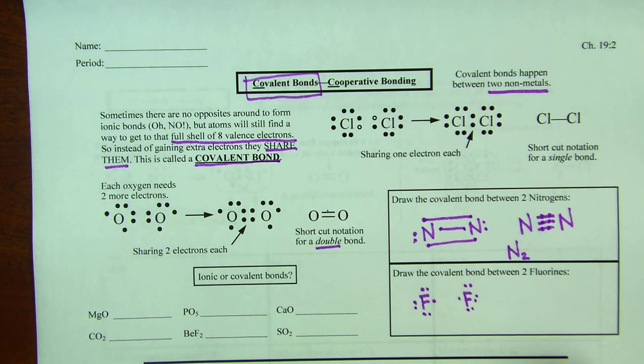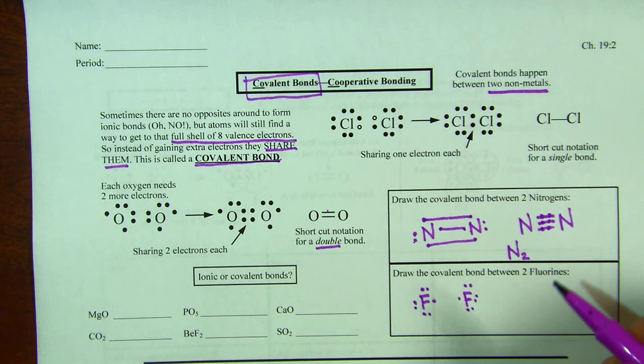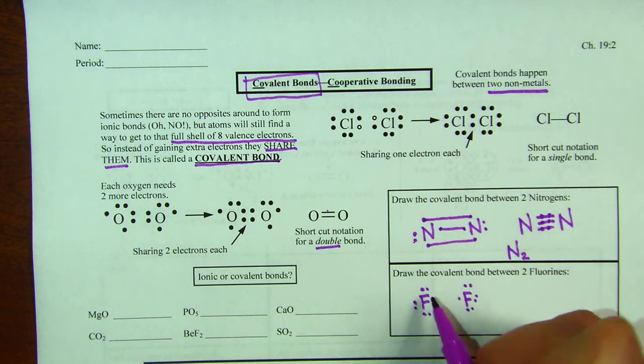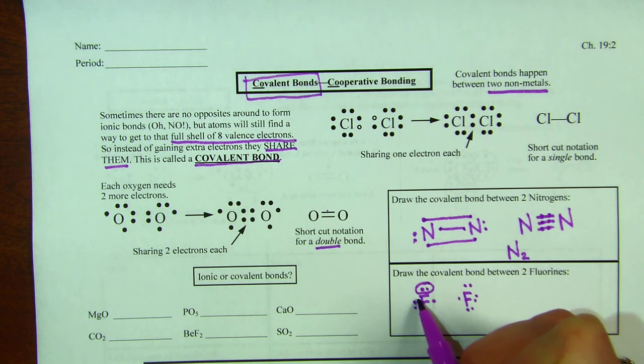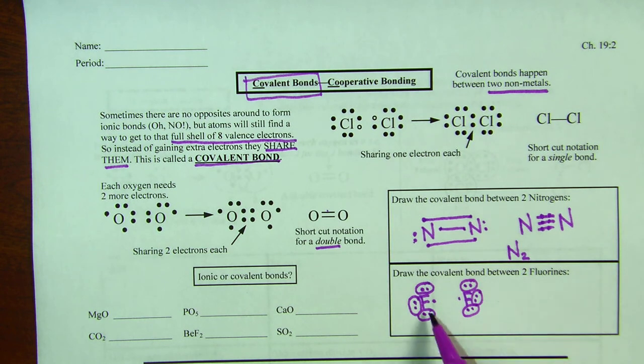They want to have 8, but neither one of them is willing to give up any electrons. So they're going to share. Another note, electrons like to be paired together. You see that those electrons are paired up. These are paired up, paired up. Same thing over here. We have a pair, a pair, a pair. So we have 2 lonely electrons on each one of our fluorine atoms.